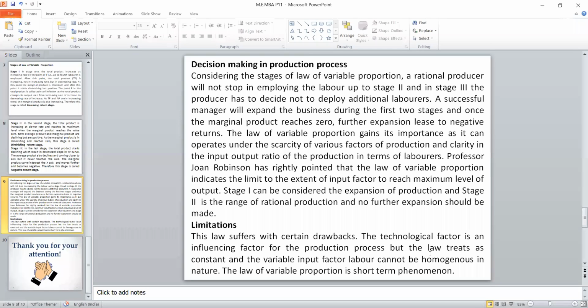Product expansion or unit expansion or new techniques, all these things are possible in the second stage. In the last stage, you should not employ any employee. If you do, then all kinds of diseconomies of scale will happen. Only negative benefit we can reap. That is why, as a manager, we should understand what is the stage of production, at what level it will increase at an increasing rate, at what level it will increase at a decreasing rate.